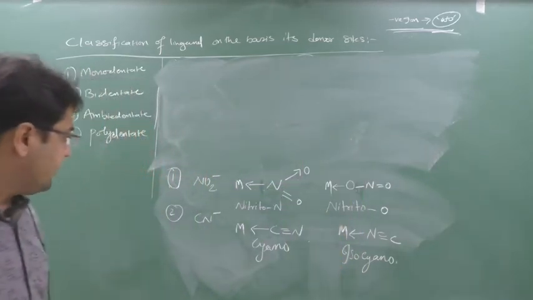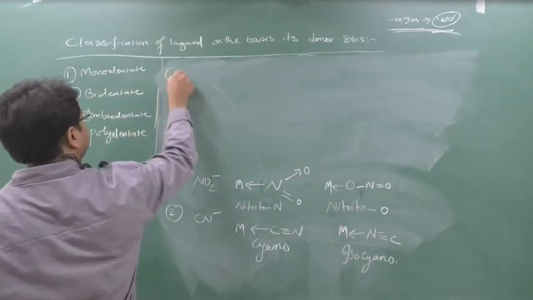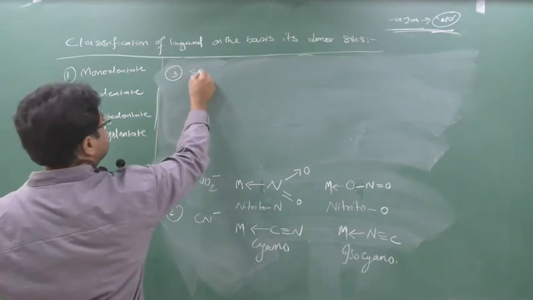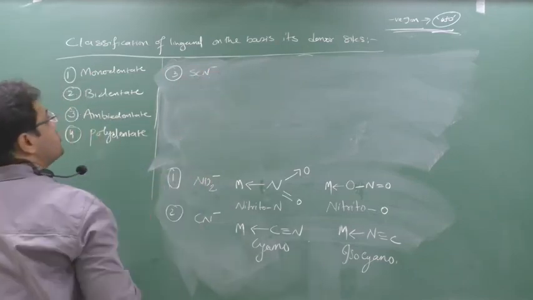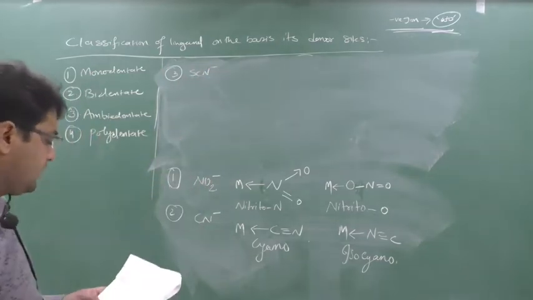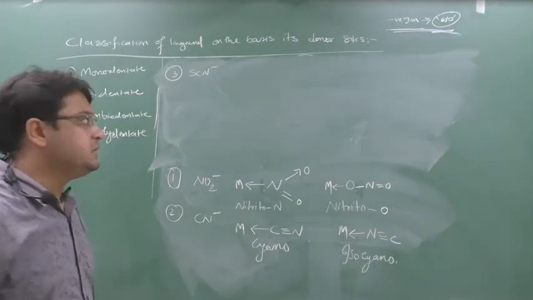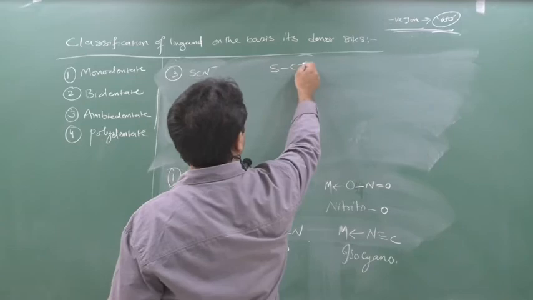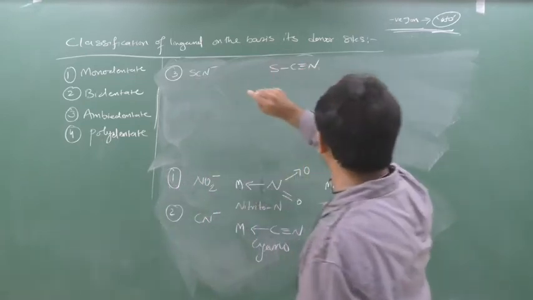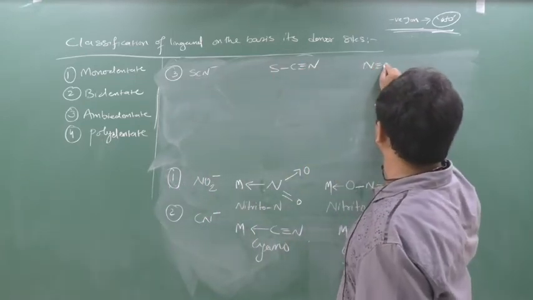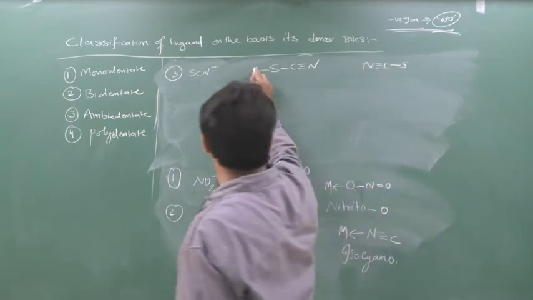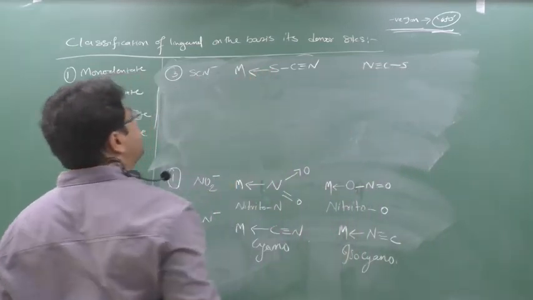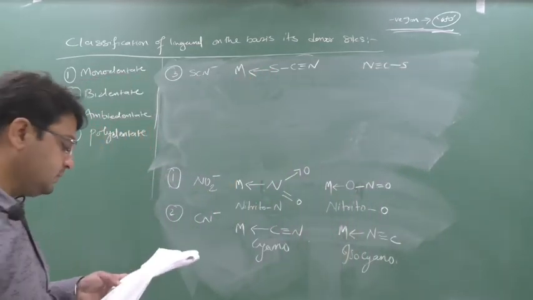Next example is SCN minus. Here also there are two donating sites, either sulfur or nitrogen. If sulfur donates the electron to metal M, I will say thiocyanato.